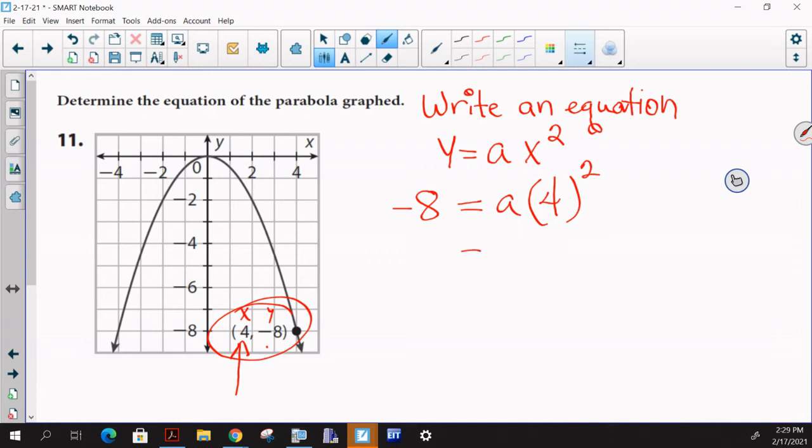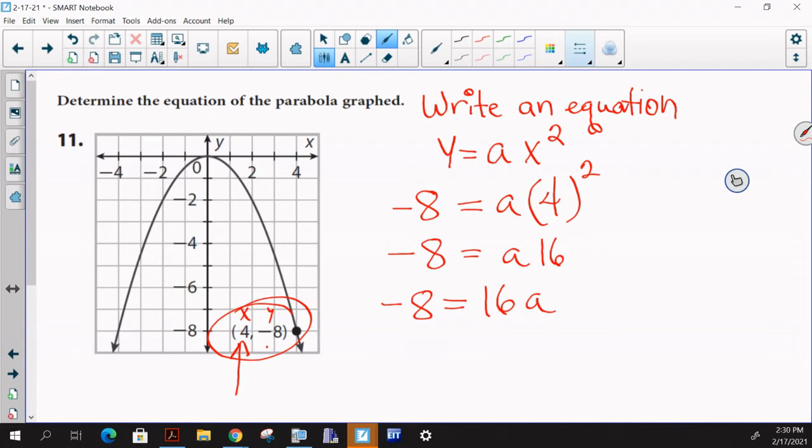So 4 squared is 16. Here's a, so 16 times a. Actually, I would rather write my variable to the right, so I could write it this way: -8 equals 16a. If I want to solve for a, what I'm trying to find out is what is that value of a?